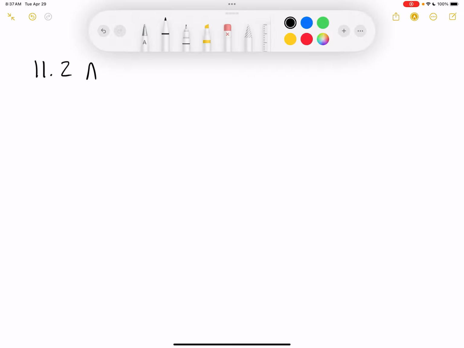We're all the way in 11.2 for arithmetic sequences and series. And we're primarily focused on the sequence part.